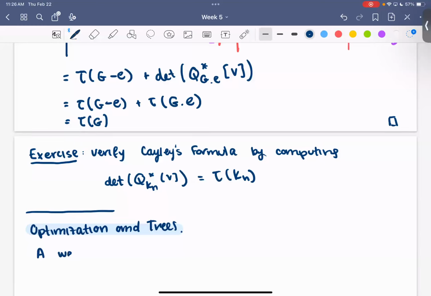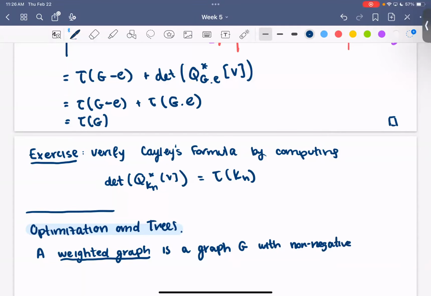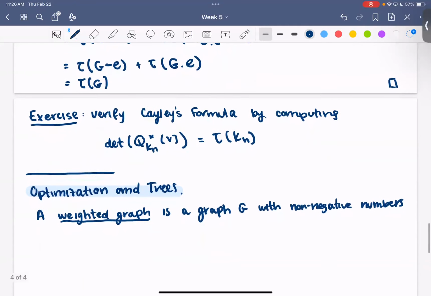So a weighted graph is a graph where we're going to give each edge a non-negative number. So this is a graph G with non-negative numbers labeling the edges.